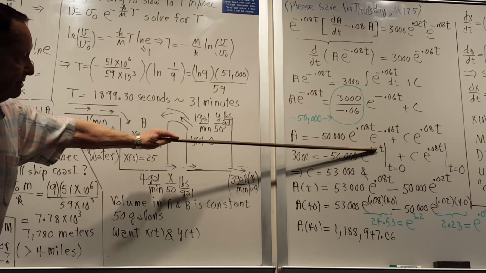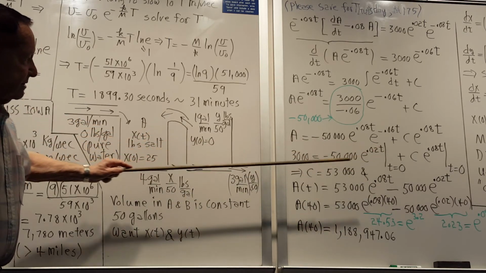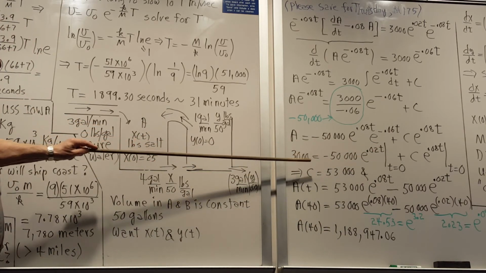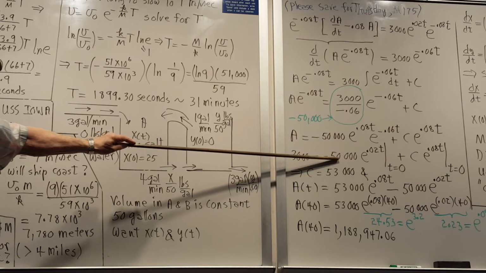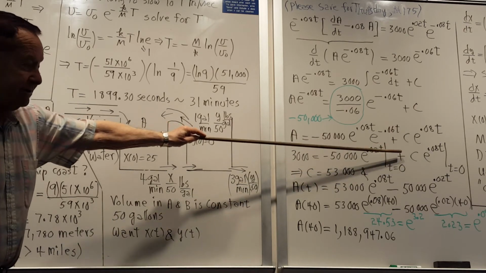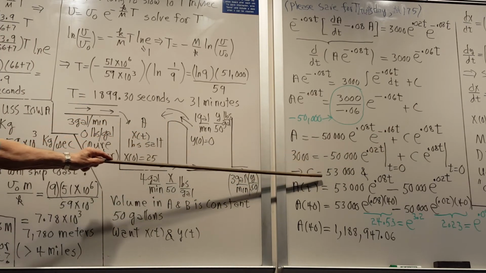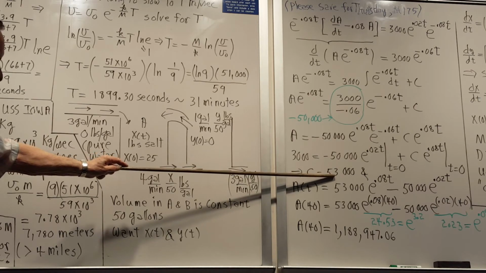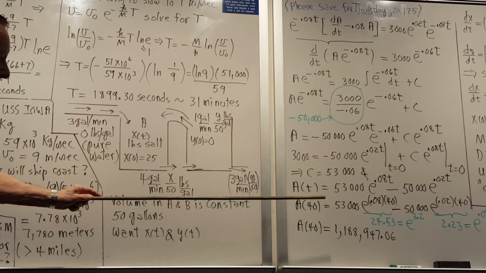So e to the 0 is 1. So finally you have 3,000 equals minus 50,000 plus the constant. So take the 50,000 across and you have 53,000 for your constant.